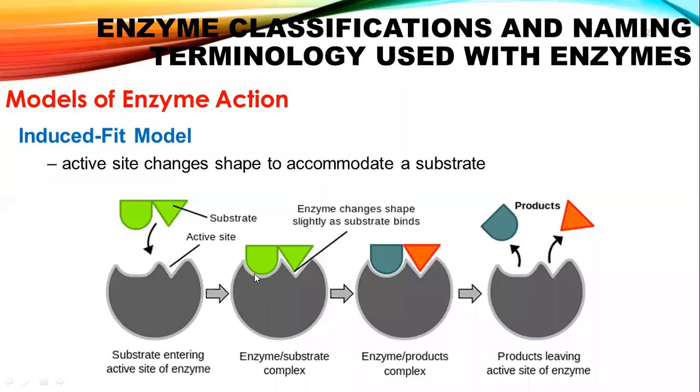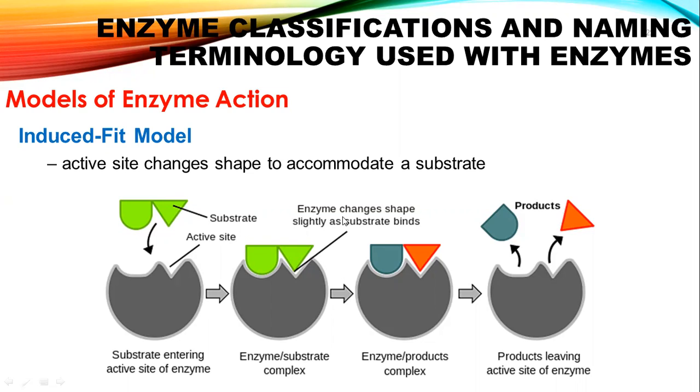It fits, and it is being induced to fit into the shape of your substrate. If the substrate is a small triangle, the enzyme will fit into the shape of this triangular molecule. And this is what we call the induced fit model: our enzyme is induced to fit this particular substrate. So again, the enzyme changes shape.